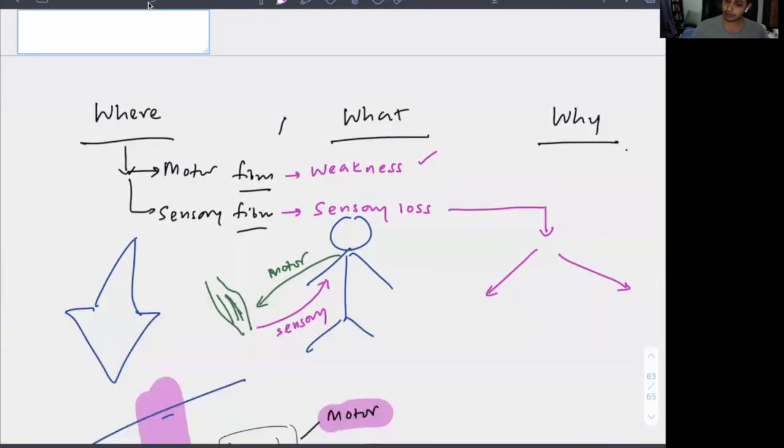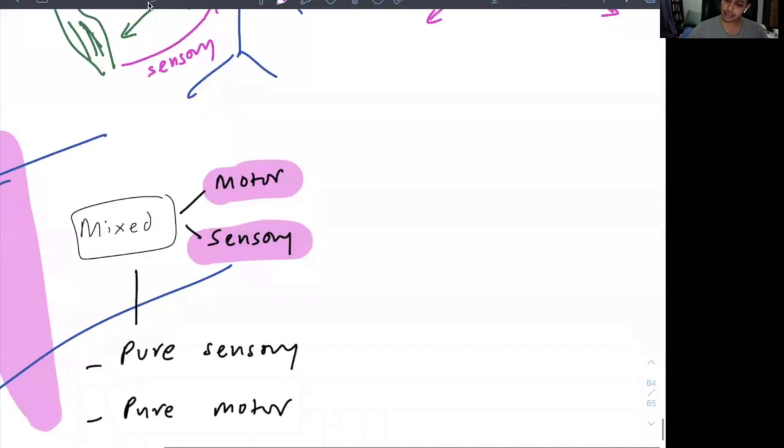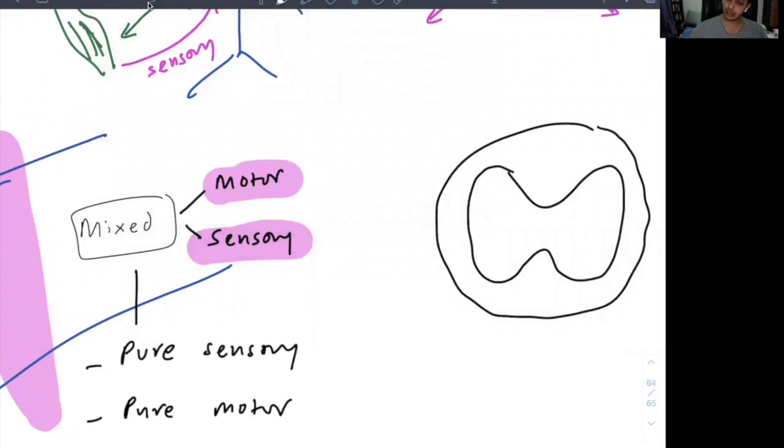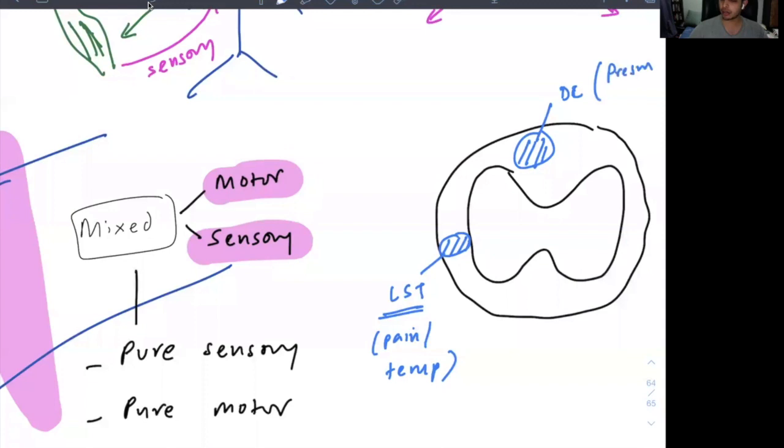Now, if you remember, yesterday we discussed in the spinal cord there were two types of sensory tracts. So one is the lateral spinothalamic and one is the dorsal column, the posterior column. And we discussed that the lateral spinothalamic contains pain and temperature, and your dorsal column contains pressure and vibration and joint position sense. Now, the reason that these two are in separate tracts is because the nerve fibers that come to these tracts are different.